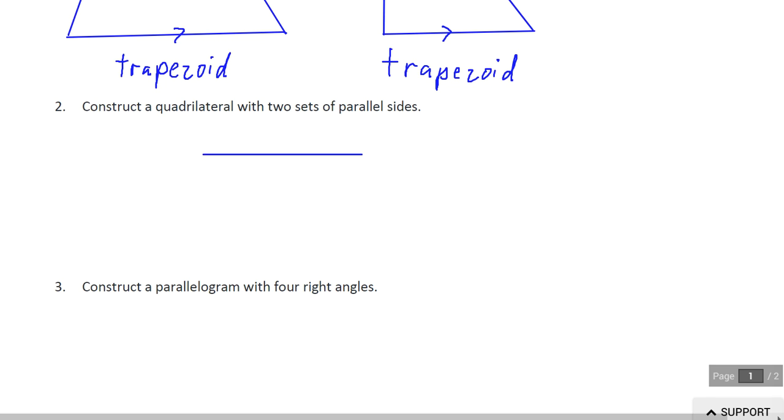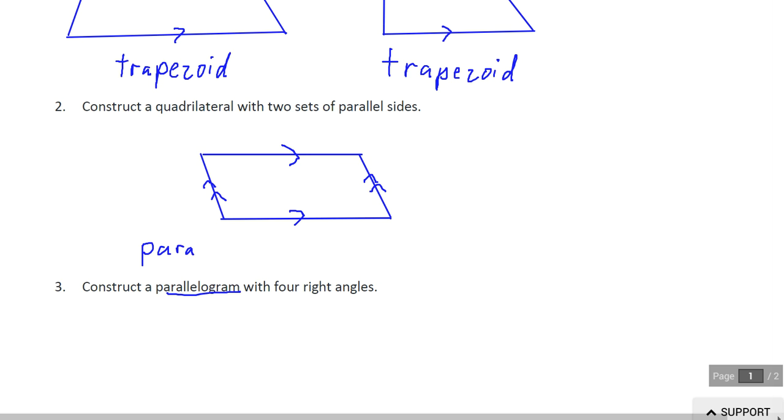Now we want to make one also. And those are parallel. Okay, so this line here is parallel with this line. But then if we want to make these parallel, this one and this one parallel, give those the two arrows. Okay. Well, what did we make? You got it. We made a parallelogram.